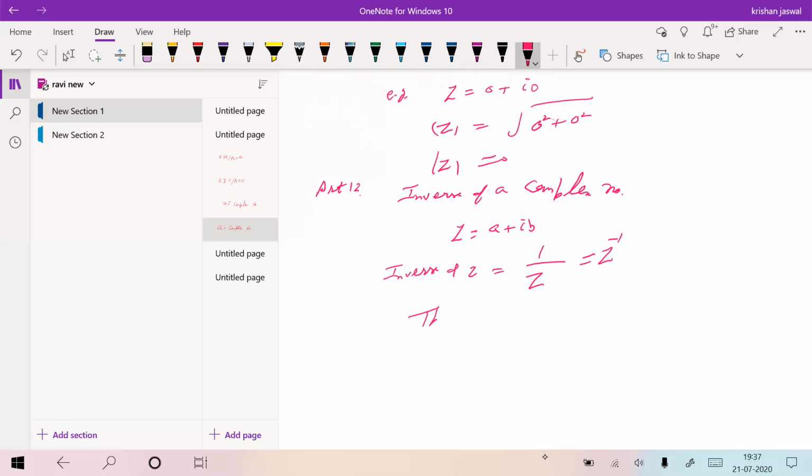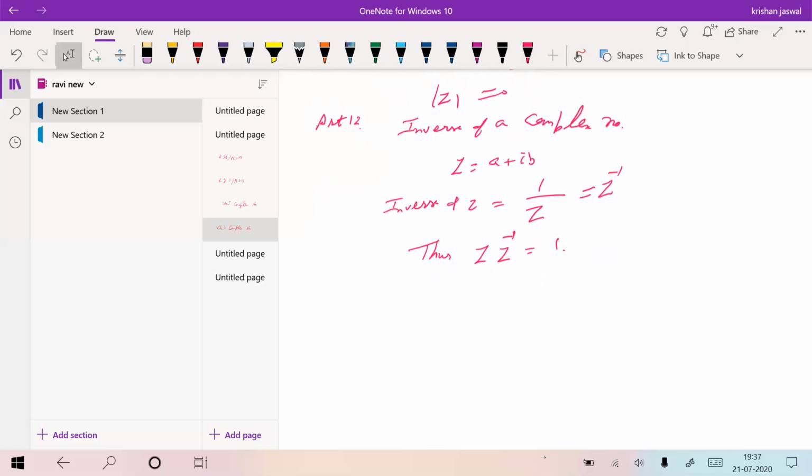If we multiply Z by its inverse, then it is always equal to 1. If a complex number is multiplied by its inverse, our result will always be 1. Now some results.